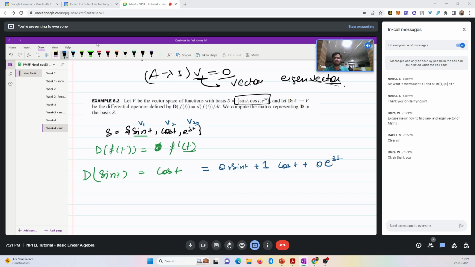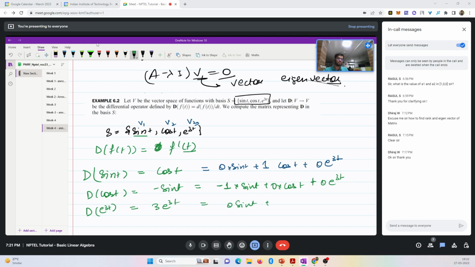Again, for the second one, D of cos t is minus sine t, which is minus 1 times sine t plus 0 times cos t plus 0 times e to the power 3t. Now, for e to the power 3t, the derivative is 3 e to the power 3t, which is 0 sine t plus 0 cos t plus 3 e to the power 3t.